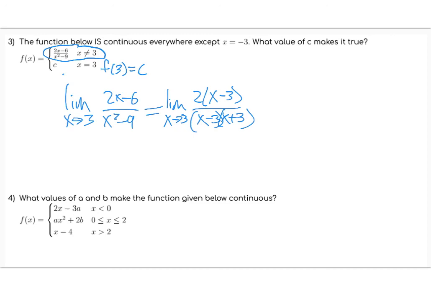So I can only really use this because I know that we get 0 over 0 here, so it's indeterminate. Factoring looks possible. When we do that, we end up getting 2 on top, and if I'm plugging 3 in, I've got 6 on the bottom. That's the limit. That must also equal the function value at that point. Therefore, c must equal 2/6.